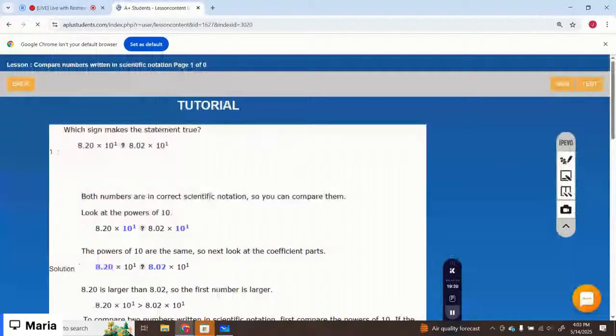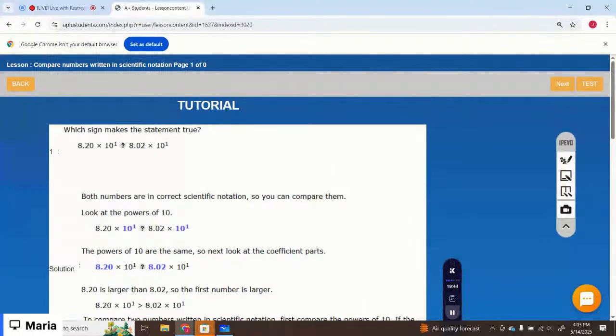Which sign makes the statement true? 8.20 times 10 exponent 1 and we need to compare that with 8.02 times 10 exponent 1. When you start comparing, the first thing you need to see is the power of 10. For both of the tens, the power is 1, right?